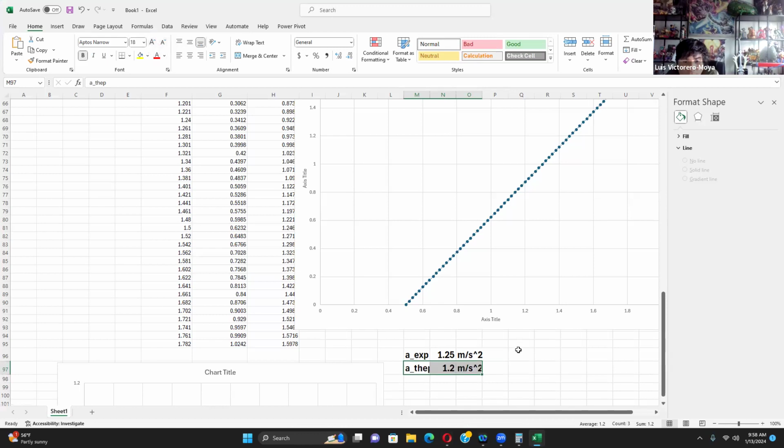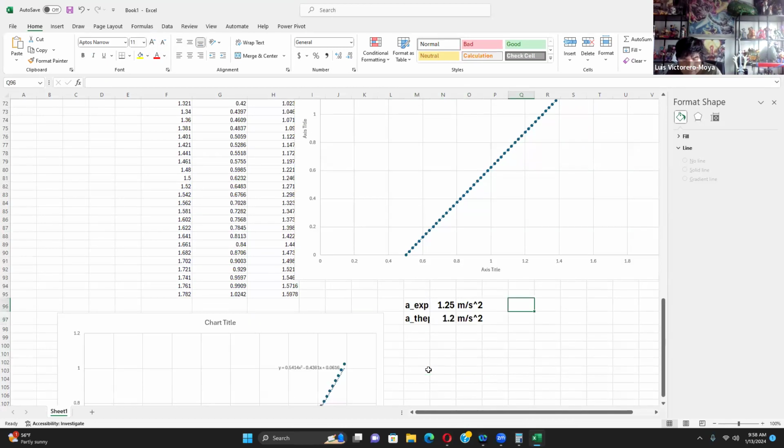So the only thing left now is to do the comparison. So the percentage difference, you can do it in Excel, is 2 minus 1.25 divided by 1.2 all times 100%.